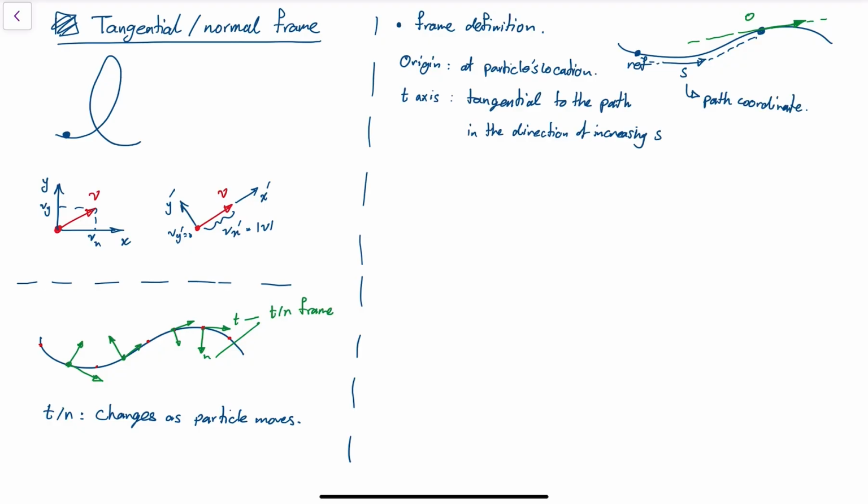And finally, we can define the n-axis, the normal axis. We define it perpendicular to the t-axis. But note that in this case, we have an infinite number of possibilities.